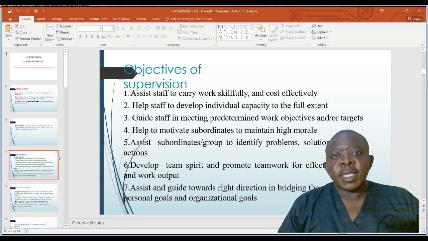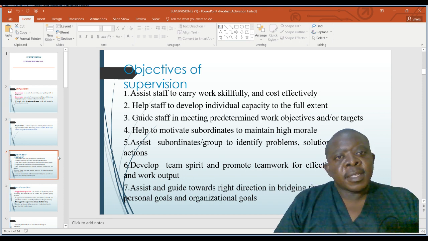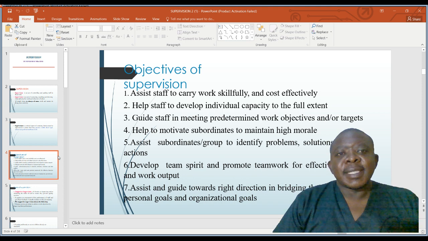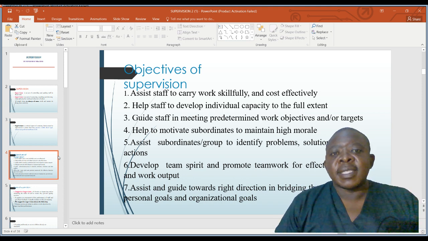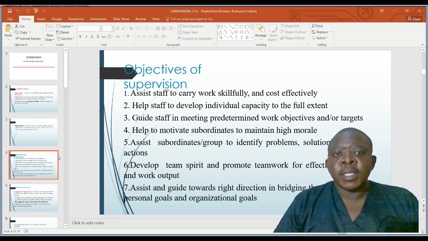Let us now look at the objectives of supervision. The first objective is that supervision is fundamental to assist the staff to carry out work skillfully and cost effectively. The other fundamental objective of supervision is that it helps staff to develop individual capacity to the full extent.